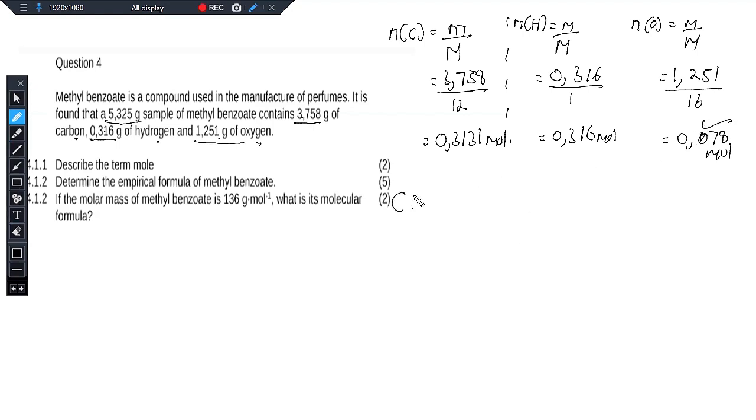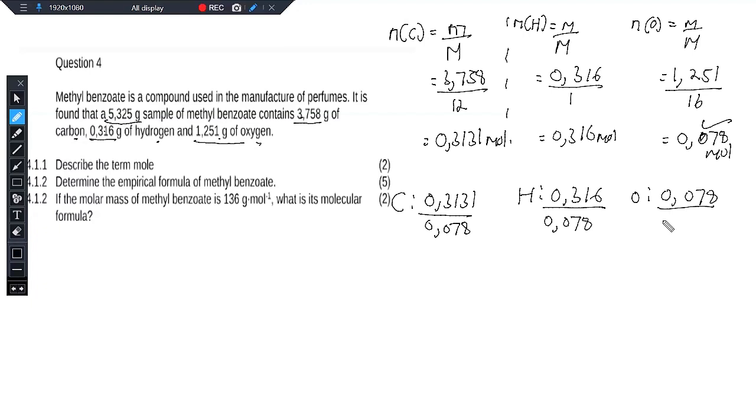So to find the ratio of atoms of carbon, we have to say 0.3131 divided by 0.078. To find the ratio of the hydrogen, 0.316 also divided by 0.078, and then oxygen 0.078 over 0.078, right?